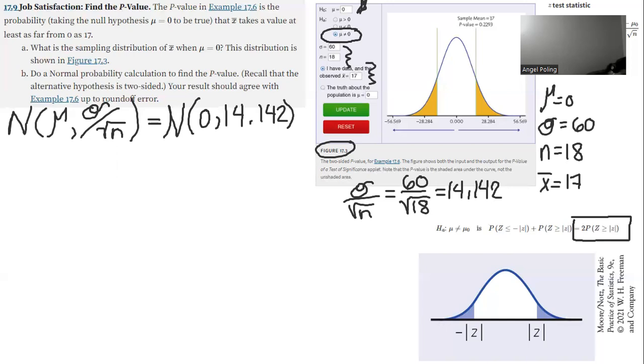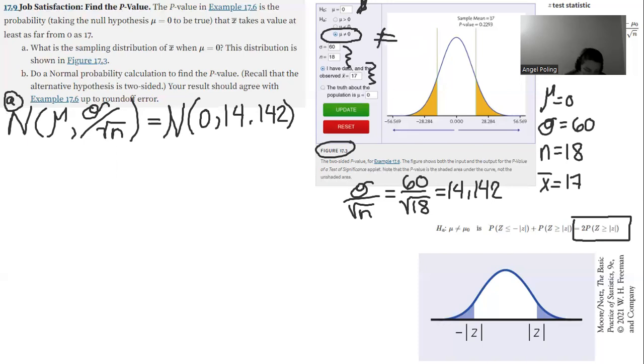Okay, so part B wants us to do a normal probability calculation to find the p-value. Recall that the alternative hypothesis is two-sided. That's what the not equal to means.